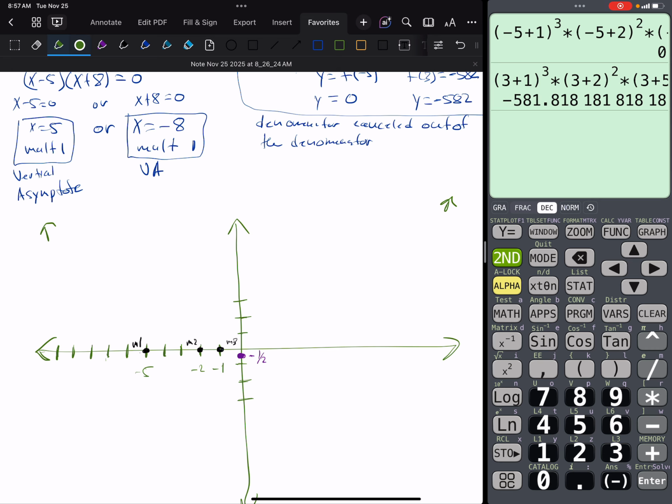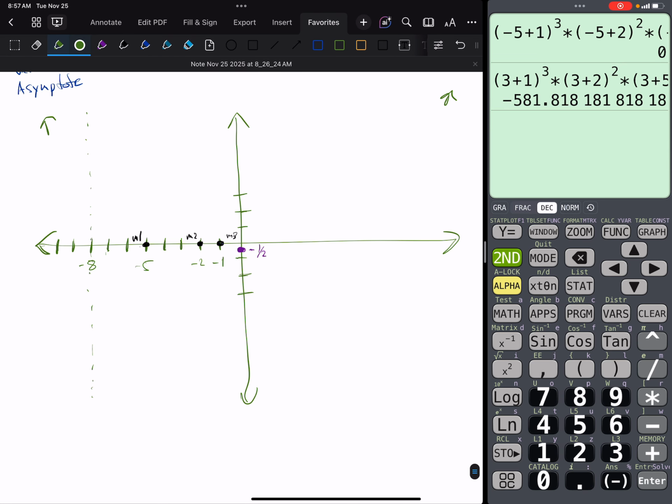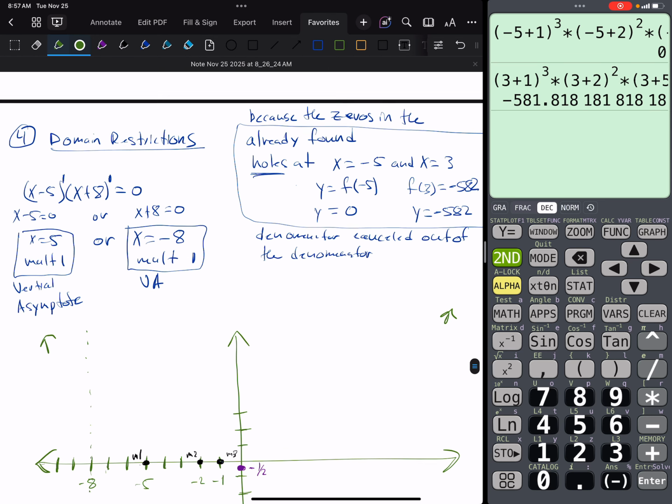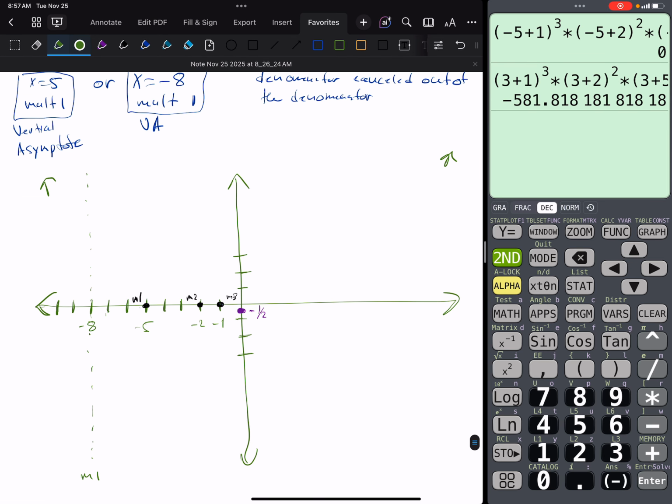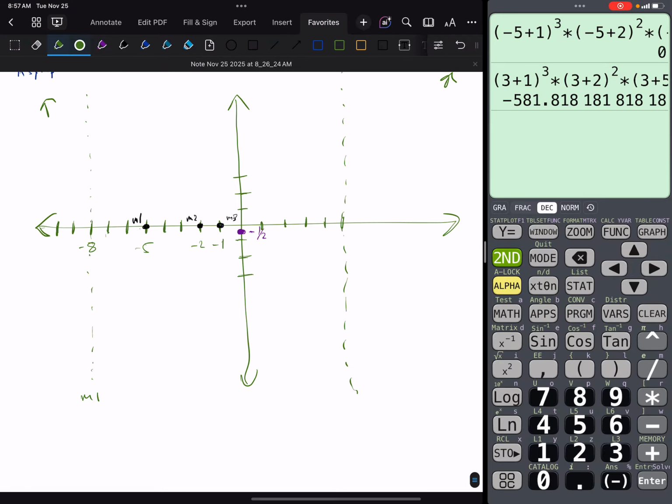So 5, 6, 7, 8, negative 8, and I'll dot in a vertical line and call it multiplicity 1. And then I'll go over to positive 5: 1, 2, 3, 4, 5. And then dot in a vertical asymptote, and call that multiplicity 1.